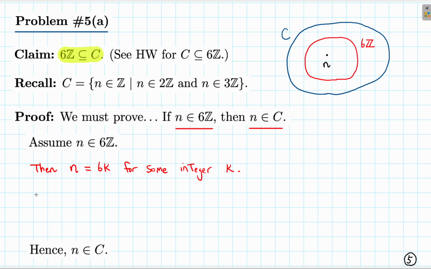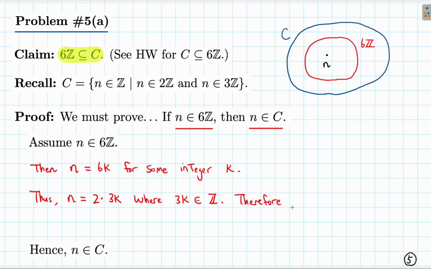And so if n is a multiple of 6, first I'll show that we can write it as a multiple of 2 by rewriting 6k as 2 times 3k, where 3k is an integer.